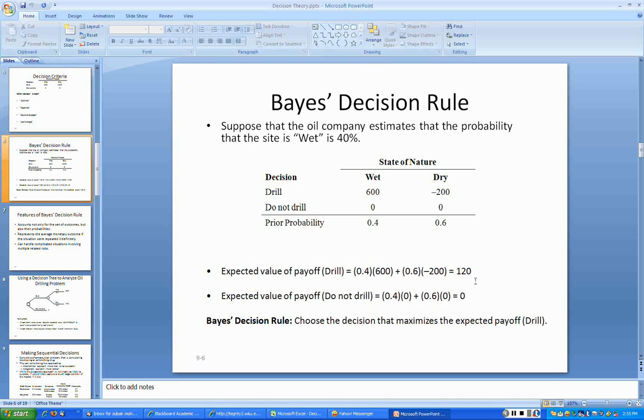Since it is profit, we are choosing the larger number, which is $120,000. So according to the Bayes decision rule, choose the criteria that maximizes the expected payoff or expected benefit. In this case, since it is profit, we go for the highest number. If it was cost, then we would have gone for the lowest number.